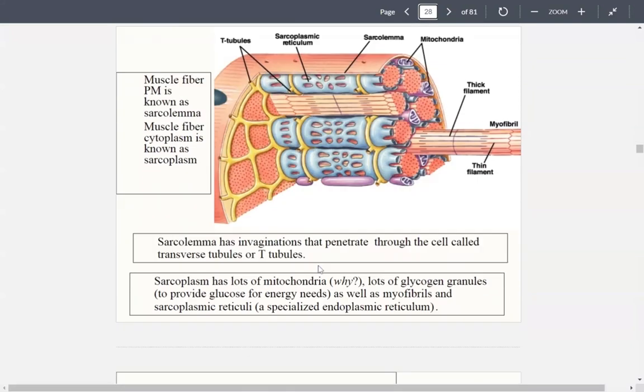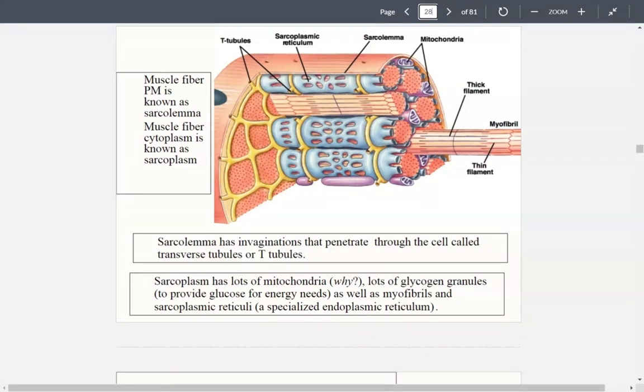All right, getting inside of the skeletal muscle, the plasma membrane of the skeletal muscle is referred to as the sarcolemma. So instead of calling it a cell wall membrane or a plasma membrane, we refer to it as a sarcolemma. It has its own special name. The cytoplasm, so the fluid inside of that membrane, also has its own name. Instead of referring to it as cytoplasm, we do refer to it as sarcoplasm.